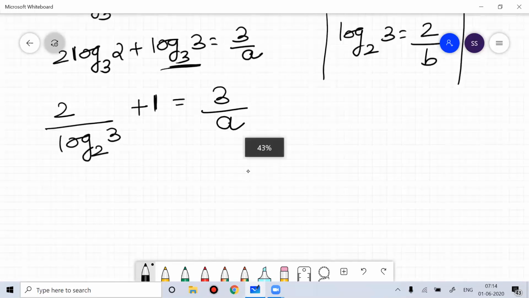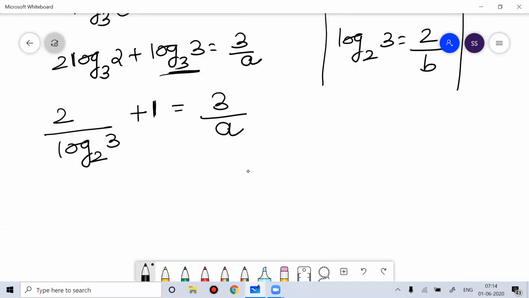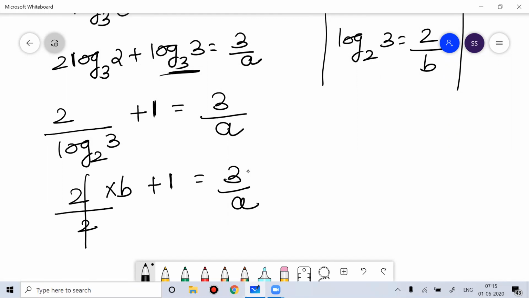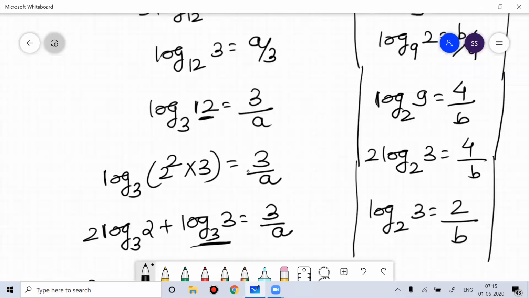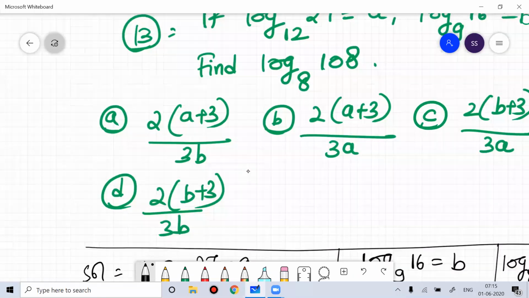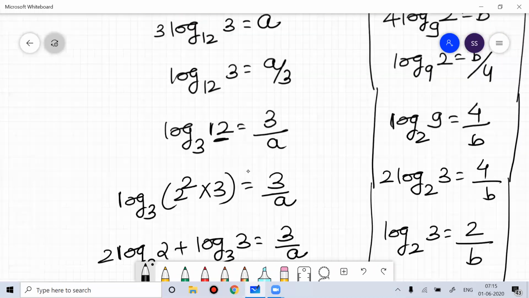So you can write this as 2 divided by 2 by b, plus 1 is equal to 3 by a. Ultimately, what I need to find is log 108 base 8.